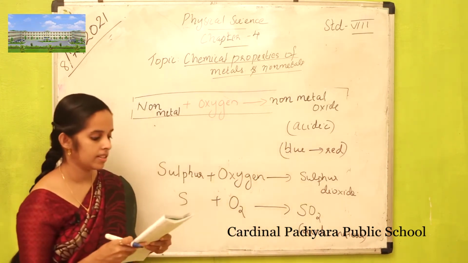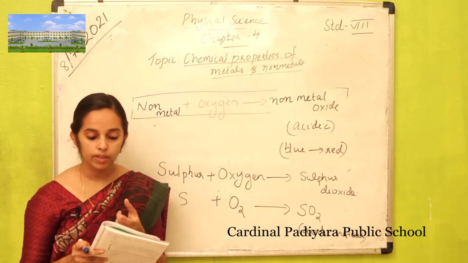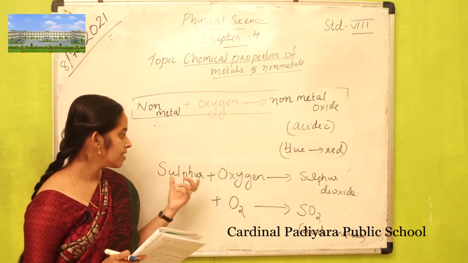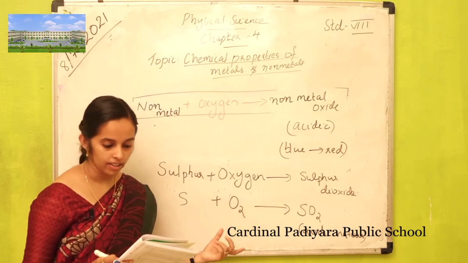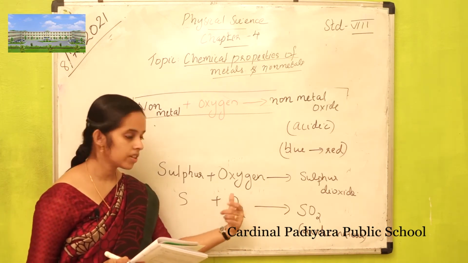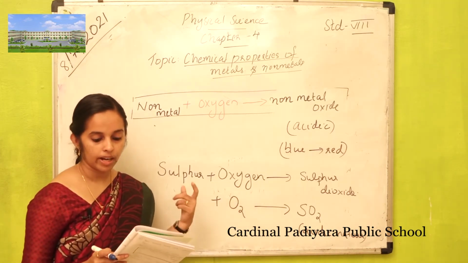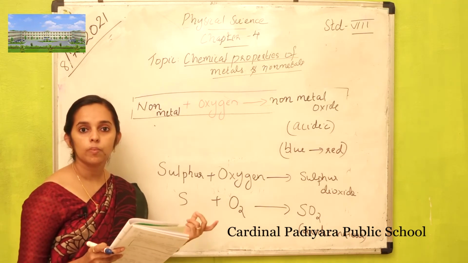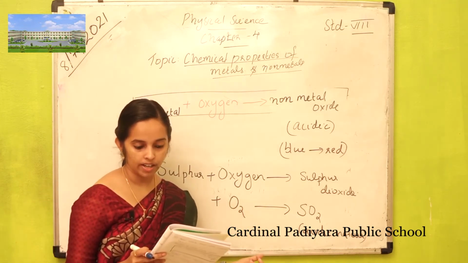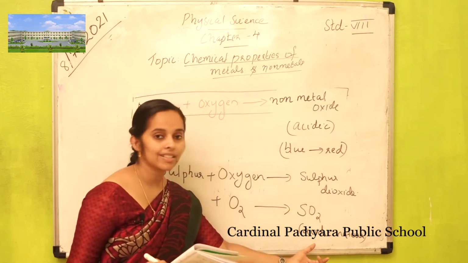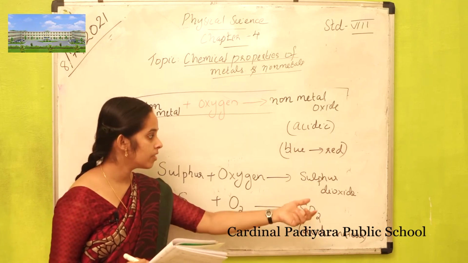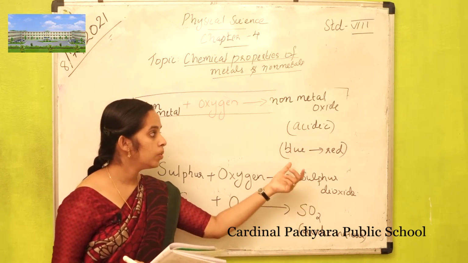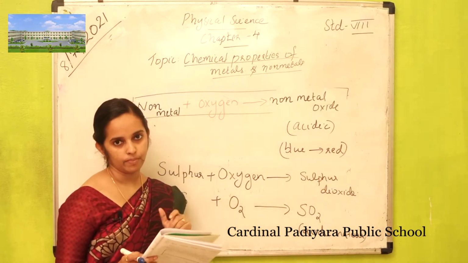So we can say that when sulfur burns in air, it combines with oxygen in air to form sulfur dioxide. This sulfur dioxide formed is acidic in nature, which means sulfur dioxide can change a blue litmus to red litmus.